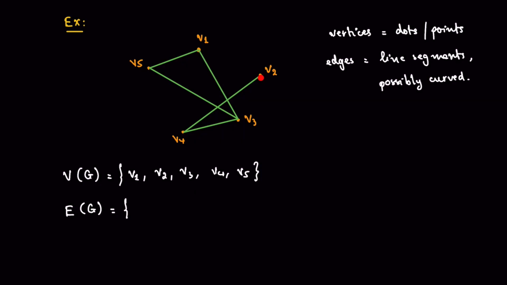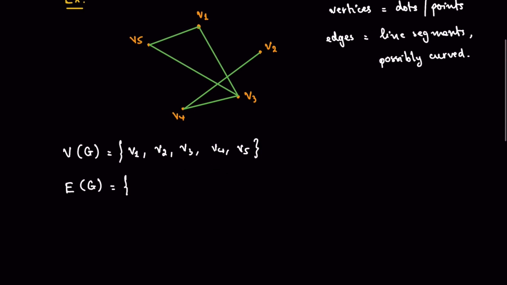In addition, V2 is connected to V4, V3 is connected to V1, V3 is connected to V4, and V3 is also connected to V5. However, the connection between V1 and V3 and the connection between V3 and V1 is the same.